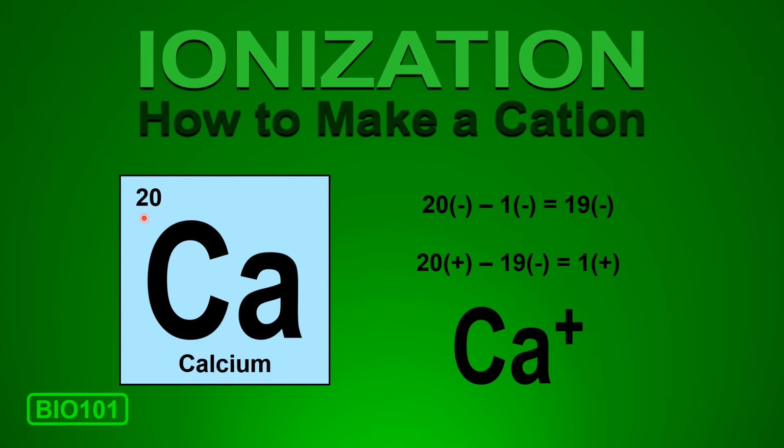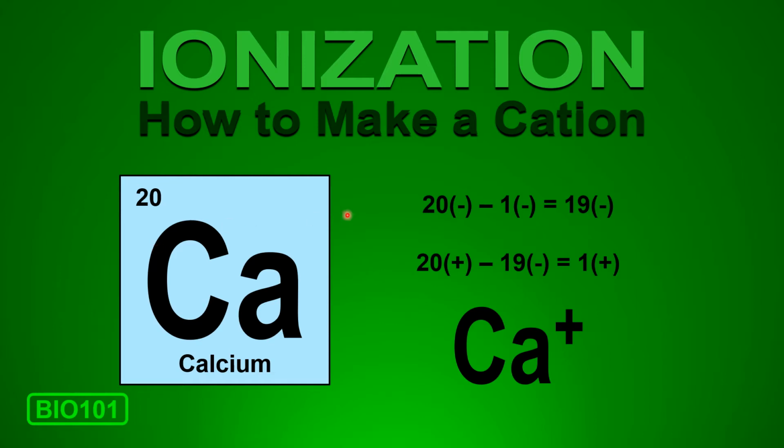It represents the atomic number, so that's the number of protons, positive charge. By definition, this is a neutral or balanced atom, so it must have the same number of electrons. So that means it has 20 electrons as well. So the 20 positives cancel out the 20 negatives, and you have a zero net charge for calcium.